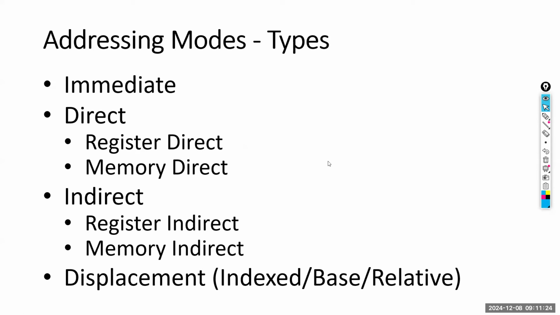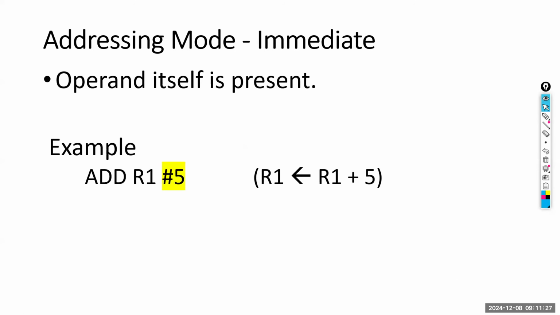So the first addressing mode is immediate. Actually, immediate is not an addressing mode, but it also refers to data, therefore we just call it an addressing mode. When you give an instruction, rather than a memory address, if you are referring to the value itself, like a hard-coded value, we call it immediate addressing mode. For example, let's write add register 3, register 1, register 2. That means add the value in register 1 and register 2 and put it into register 3. But let's assume that rather than register 2, here we have #8. That means this addressing mode is immediate. This is not a memory address or register address. This is data.